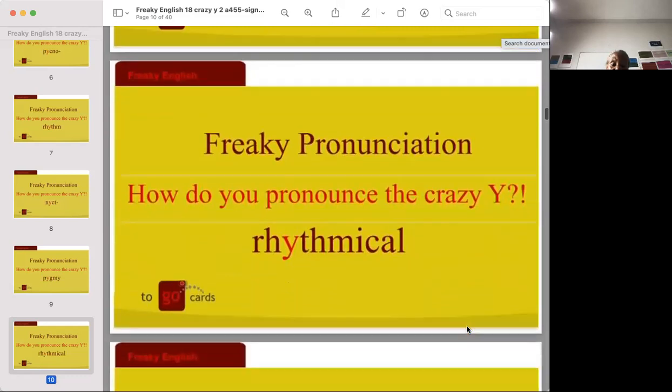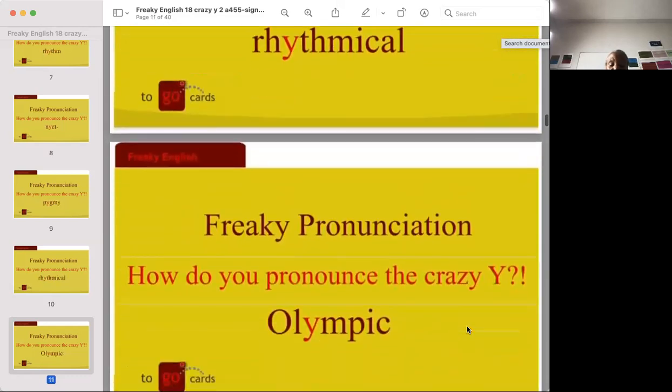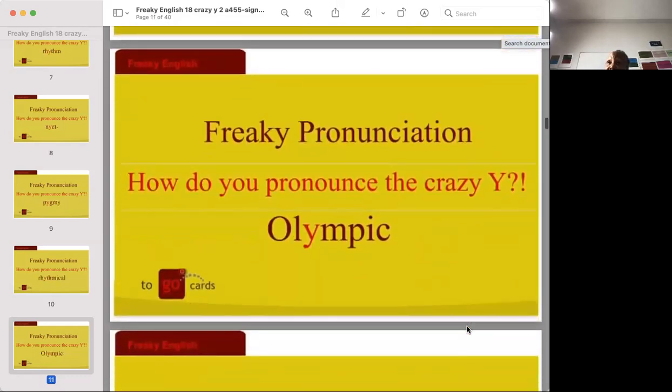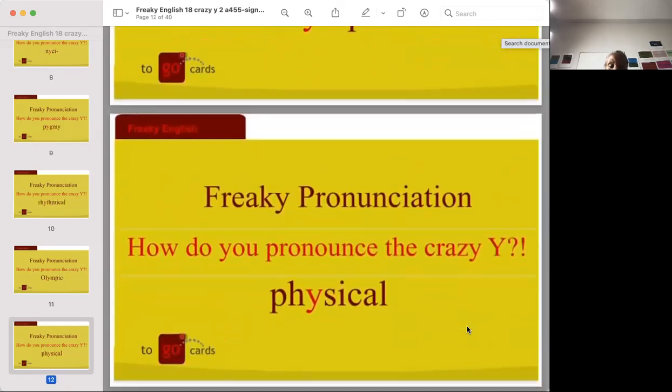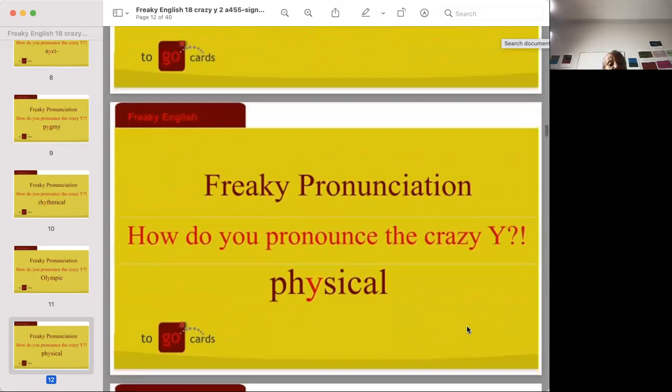Rhythmical, Olympic. The Olympic Games are starting in about a month or two in Japan, but because of the pandemic, the majority of the people don't want it. Complicated. Physical, that PH is pronounced like an F. Always when you see a PH together, it's pronounced like an F. I don't know any exceptions.